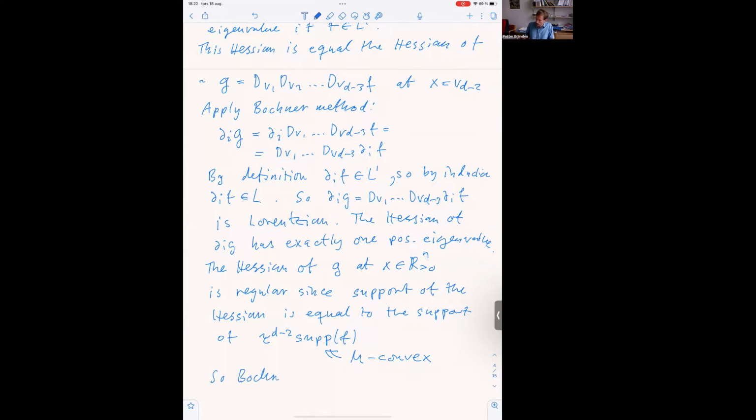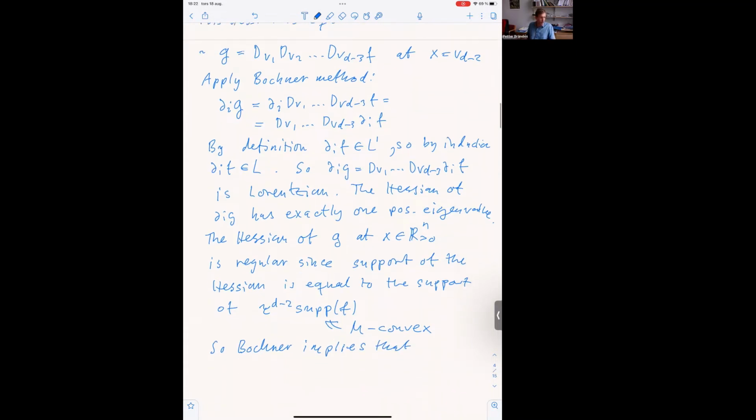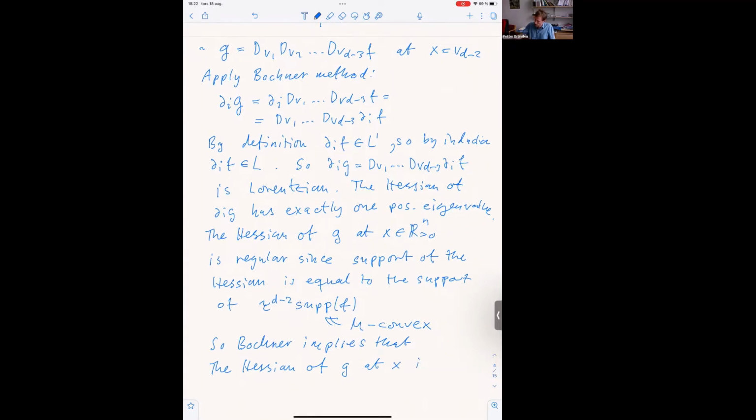So the conditions in Bochner hold. So Bochner implies that the Hessian of G at x has exactly one positive eigenvalue.